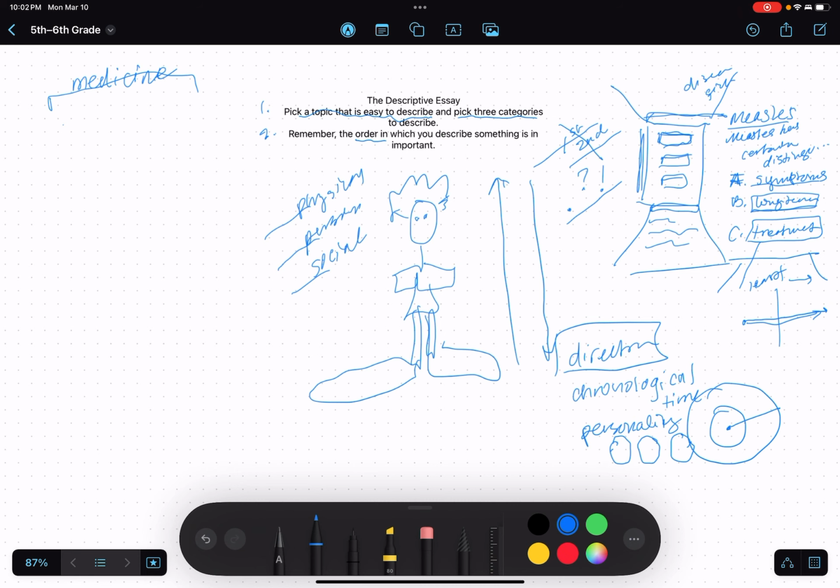The article started off with a description of why this medicine was so great. And the thesis was essentially, this medicine is beneficial.